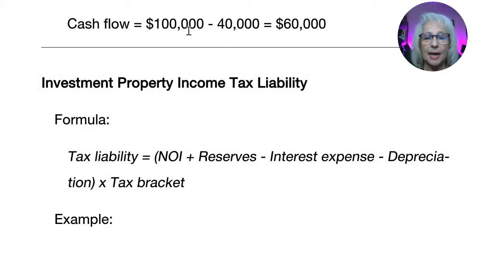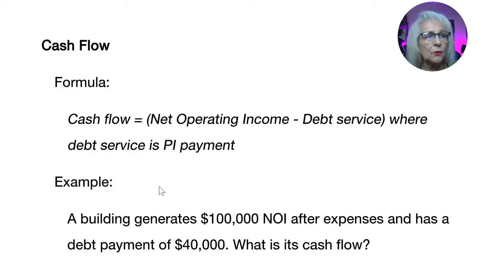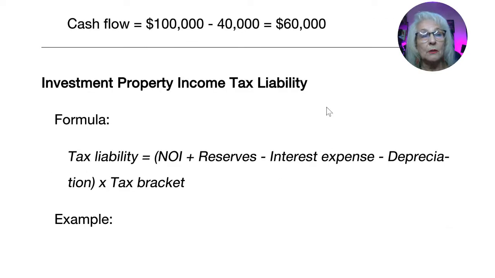So cash flow equals 100,000 minus 40,000 equals 60,000. Okay, so if the building generates 100,000 net operating income, and that could be monthly, what is their monthly cash flow? 60,000. That's pretty good.